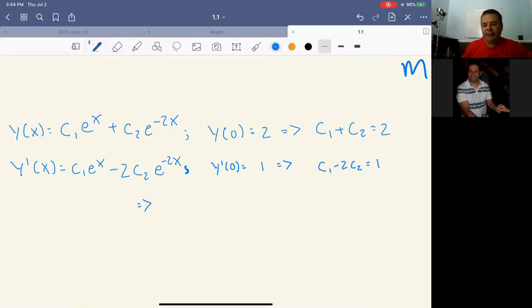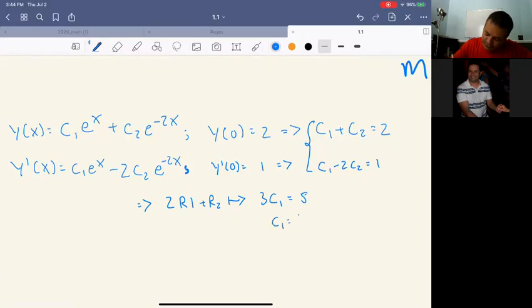Taking 2 times row 1 plus row 2, that gives me 3 c1, because the c2s are going to cancel, equals 4 plus 1, which is 5.